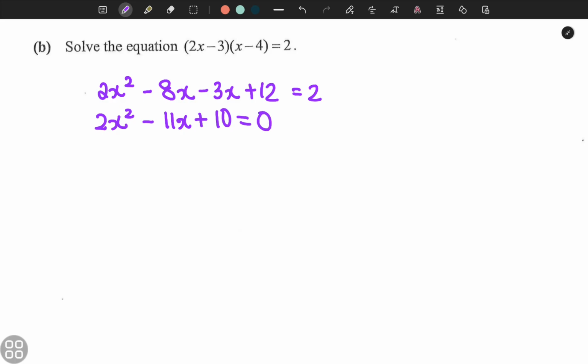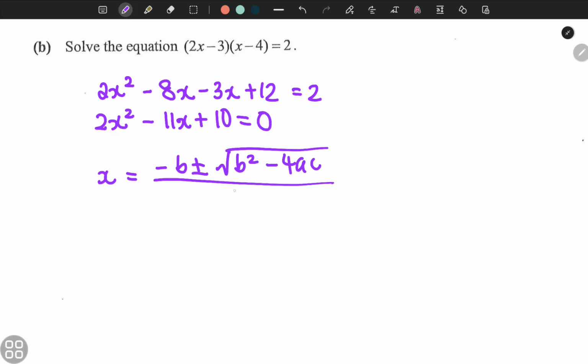Next, I can use the quadratic formula. Basically, x is equal to negative b plus minus the square root of b squared minus 4ac, the entire thing divided by 2a. So what that means is a is equal to 2, b is equal to negative 11, and c is equal to 10.